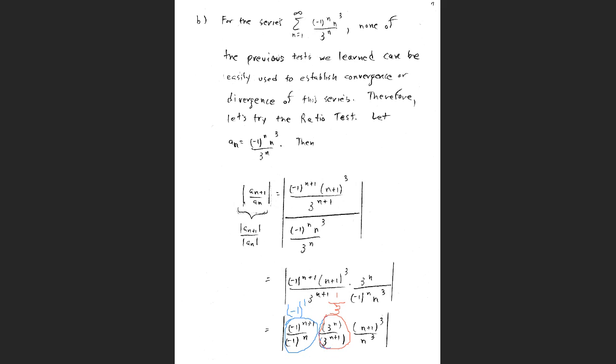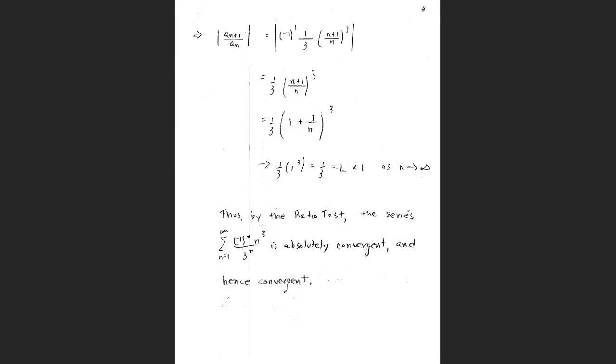So if I may, I'll go to the next page and continue. Are we good so far? All right. So then the absolute value of the n plus first term to the nth term, that ratio, is going to equal the absolute value of negative 1 to the first times 1/3 times n plus 1 over n to the third power.